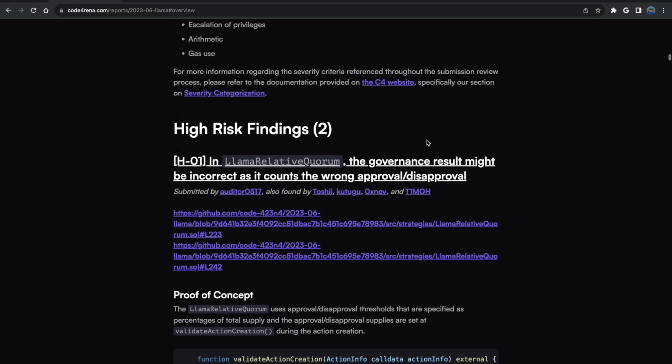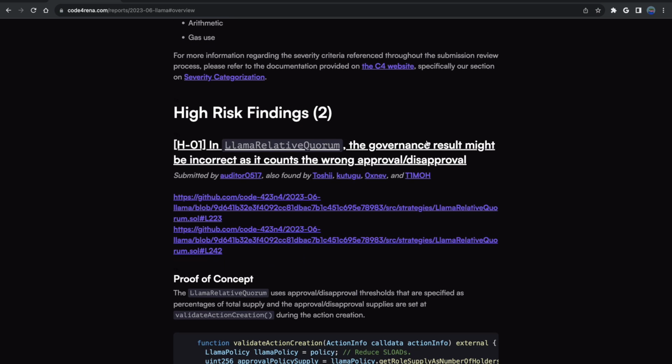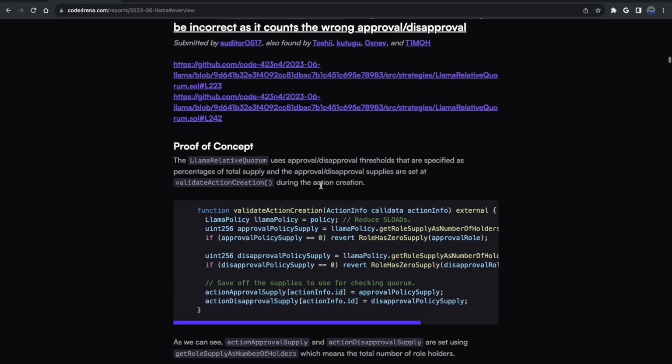And so we see that this is a high severity finding. For someone who is newer or may not have the development experience, this may be a difficult finding, but let's take a look at it. In Llama relative quorum, the governance result might be incorrect as it counts the wrong approval disapproval.